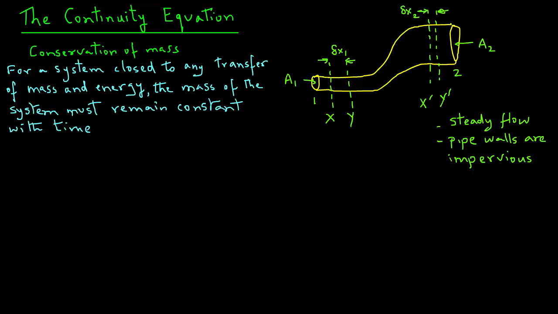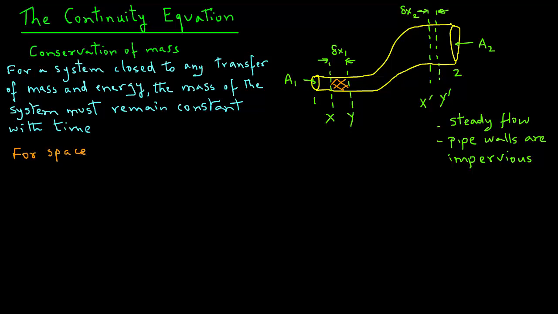We also note that the fluid in space y x dash is the same for both initial and final conditions. So that suggests that the fluid in xy space must equal the fluid in x dash y dash space.